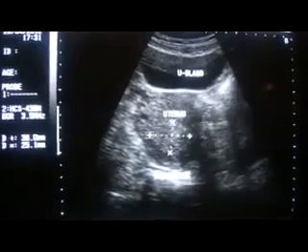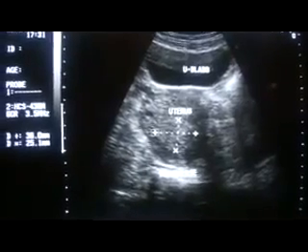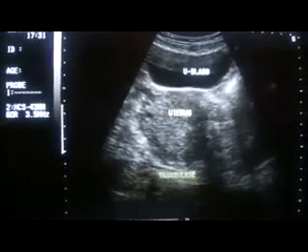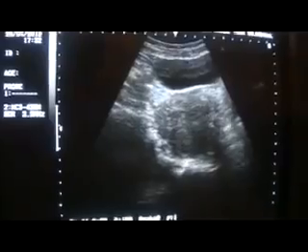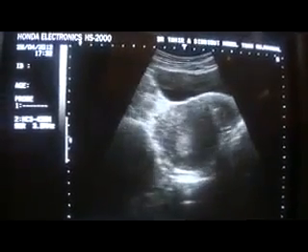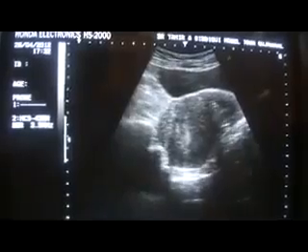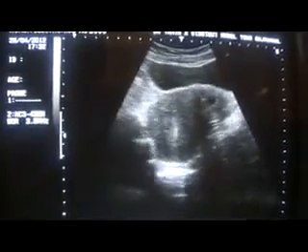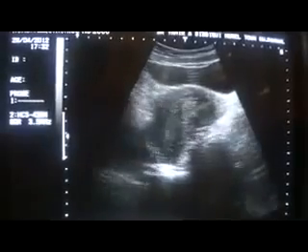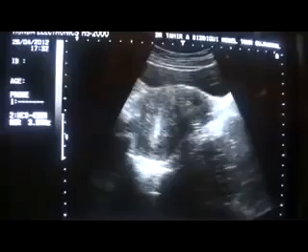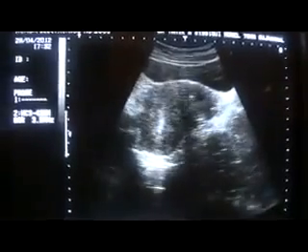This is also a normal variant, but in routine cases you see that the fundus will be at the upper end. Now this is the fundus of the uterus, this area, and this is the anterior segment of the uterus. This is the posterior segment of the uterus.